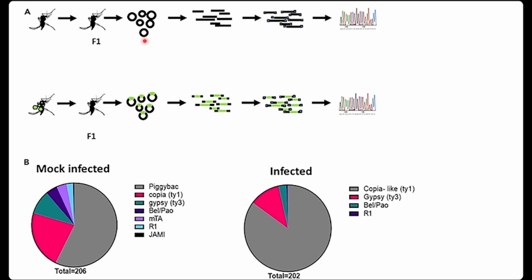We didn't know a good way of extracting it, but it turns out standard kits that you use for taking out episomes work. In bacteria or in yeast, episomes are plasmids, things that people work with in genetic engineering all the time.